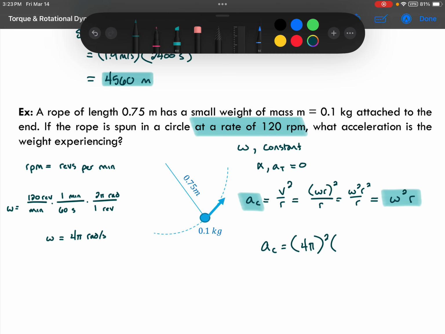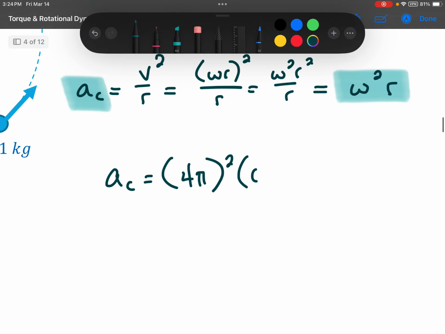And that's going to be the length of the rope, because the rope is spinning, the full length of that is the radius of our circle. So 0.75. Just multiplying this out, it looks like 12 pi squared meters per second squared.